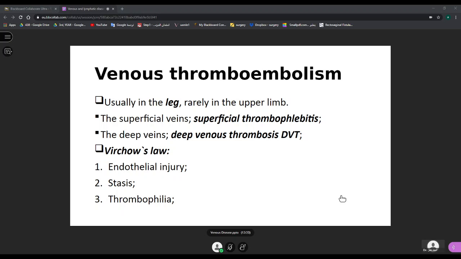Patients who have an increase in the number of platelets, thrombocytosis, for example, are also prone. So Virchow's law describes three main reasons for thrombosis inside the vascular system, whether veins or arteries: either endothelial injury or stasis or thrombophilia, an increased tendency of the blood to clot.